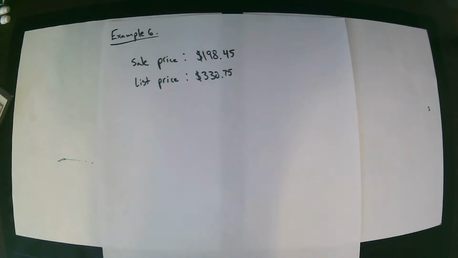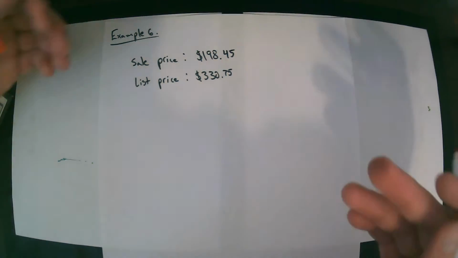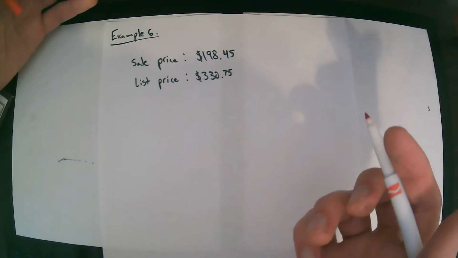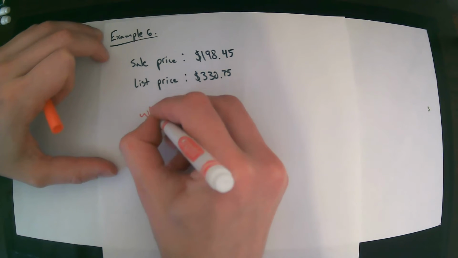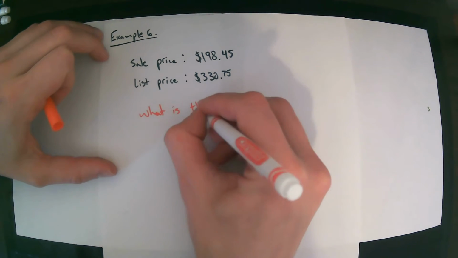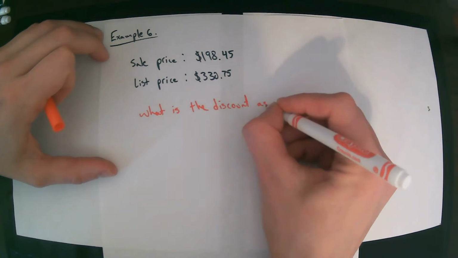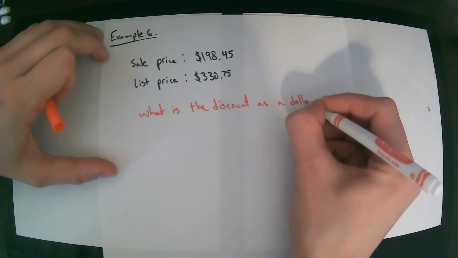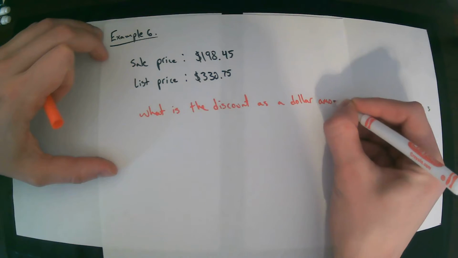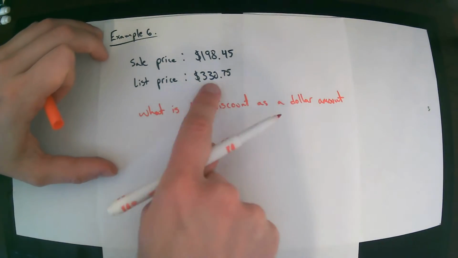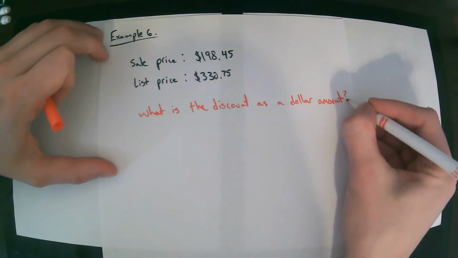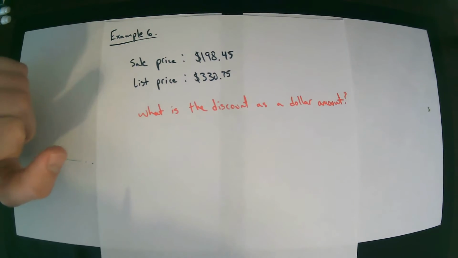What we need to do first is discover what the discount is as a dollar amount. If you can get it as a dollar amount, you can get it as a percentage of the list price. So that's the first thing you need to do.